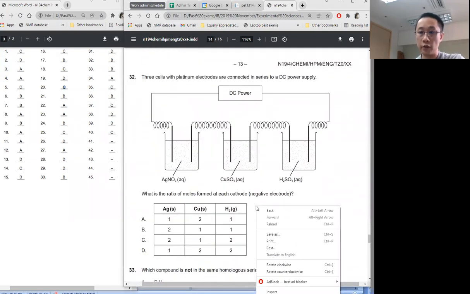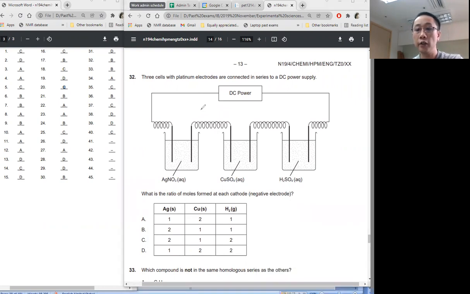Question 32 is a difficult question. The theory is that the same number of electrons will be involved at each interface when you have a circuit containing cells that are connected in series. Each electrode experiences the same number of electrons. What you should do is complete the half equations for each reduction process.